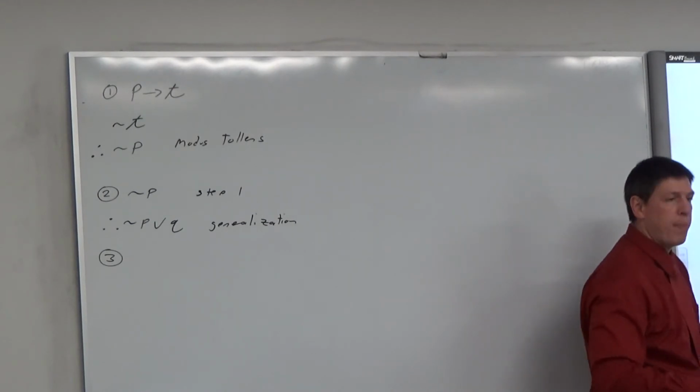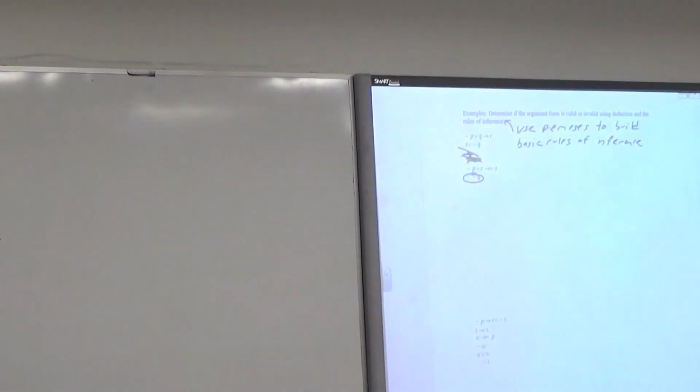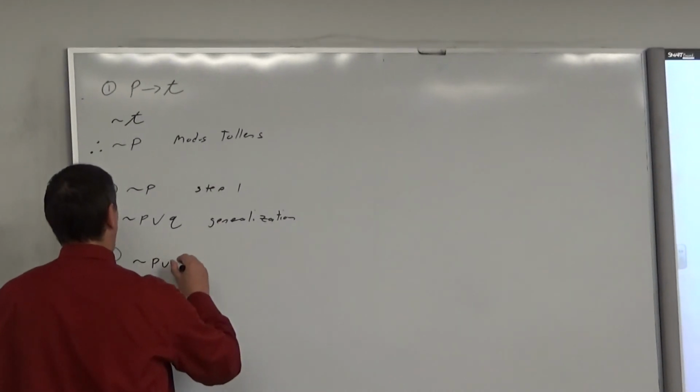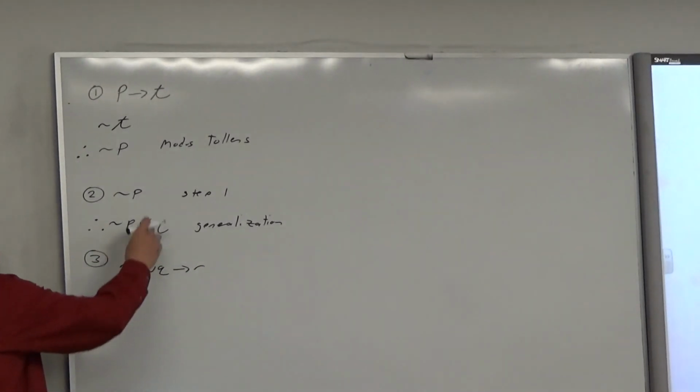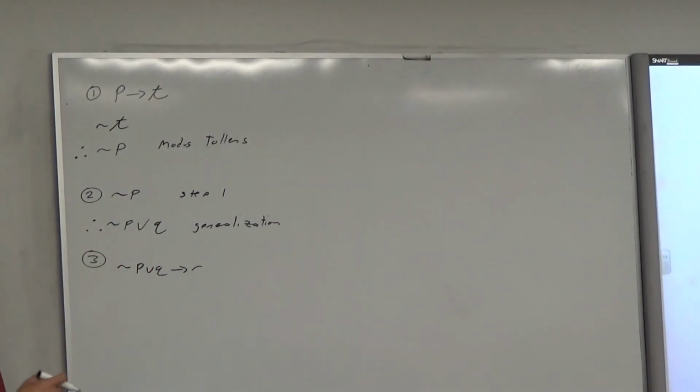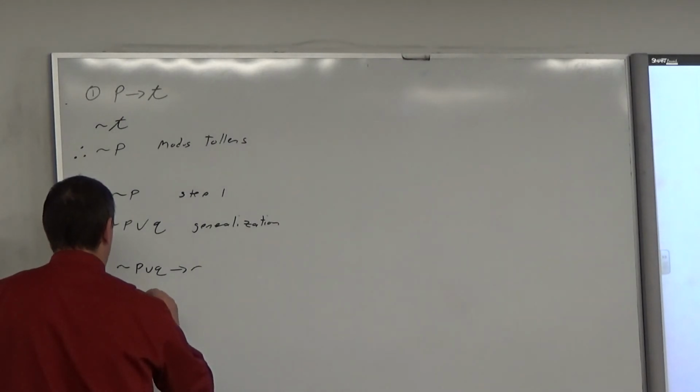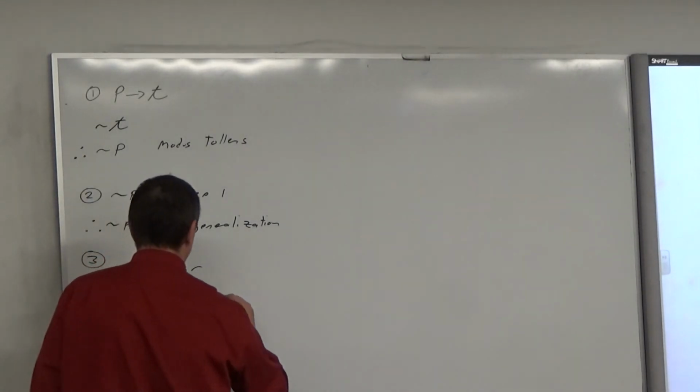Because we already have not P or Q implies R. Didn't we just verify not P or Q is valid in the previous step? So, we have not P or Q from step 2.